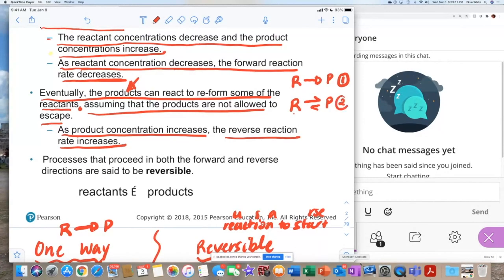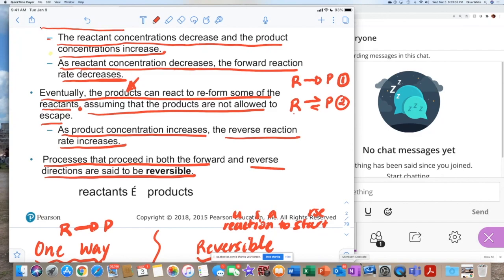This is stage two. And then stage three is when we're told the processes that proceed in both the forward and reverse directions are said to be reversible as the rates are equal. So the reverse reaction increases in rate until the rate of the reverse reaction matches the rate of the forward reaction.